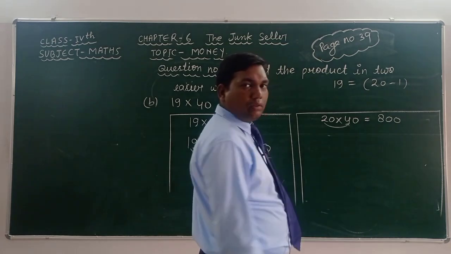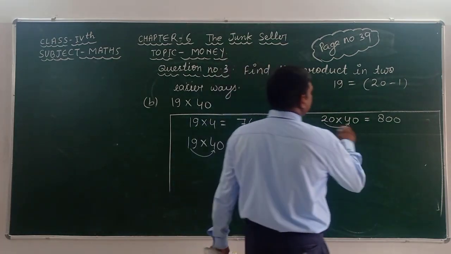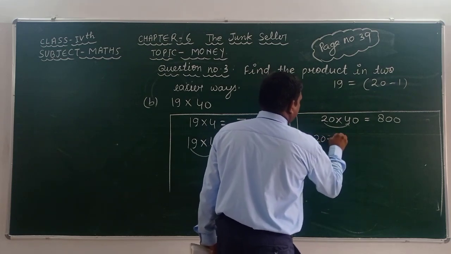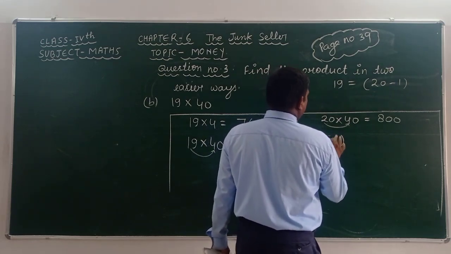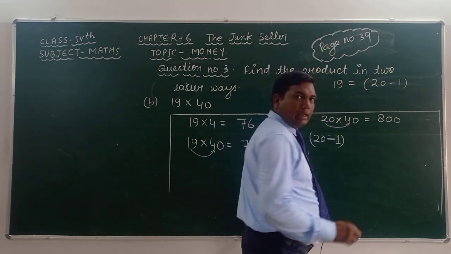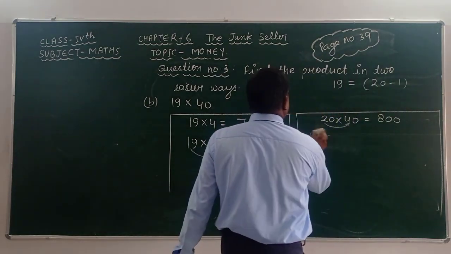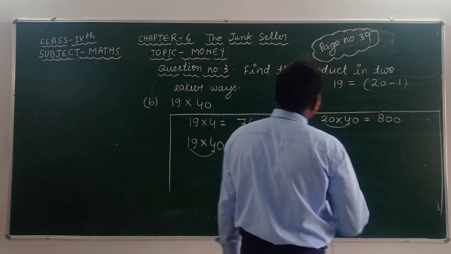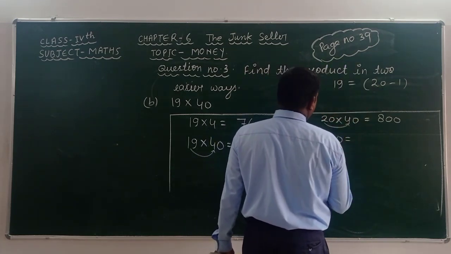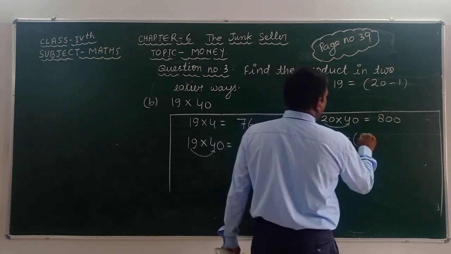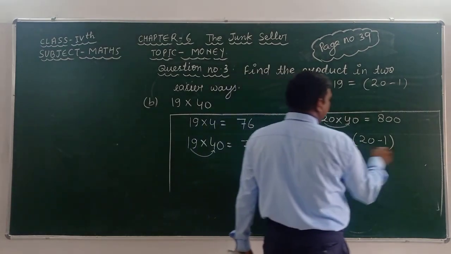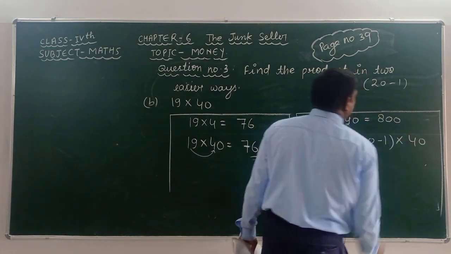Okay, it means that 19 into 40 is equal to 20 minus 1 in place of 19 into 40.